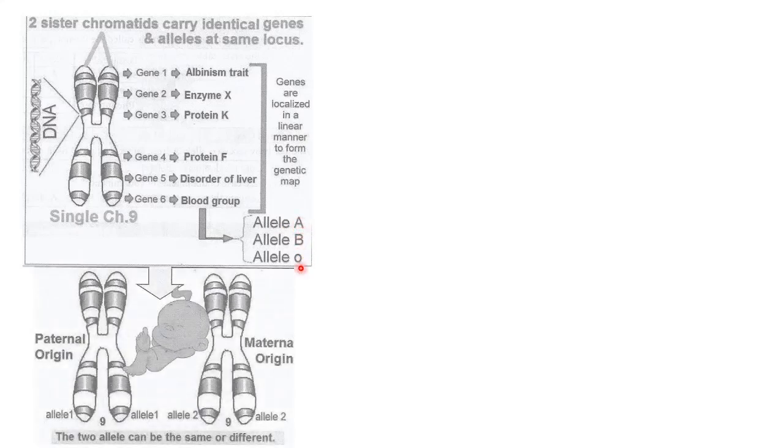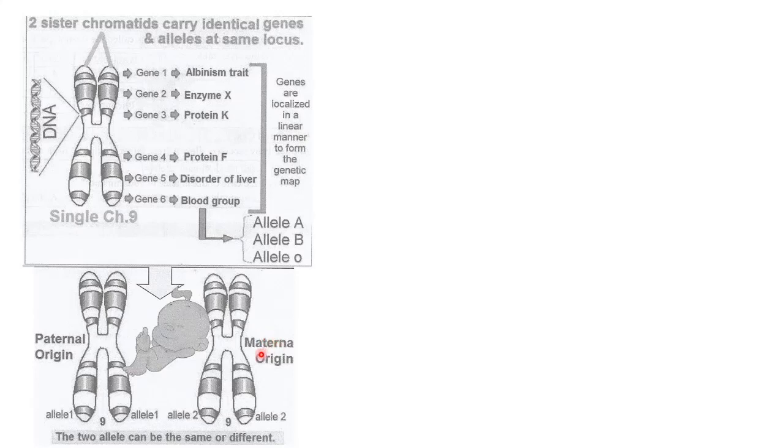As mentioned, for blood group we have 3 alleles, allele A, allele B, and allele O. But you know that each individual has two chromosomes number 9. Why? Because we got one chromosome number 9 from our father, so it is of paternal origin, and one chromosome 9 from our mother, so it is of maternal origin.